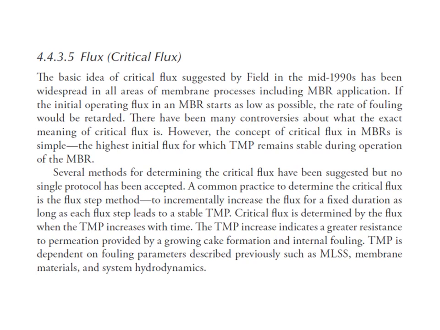There are several methods to determine critical flux, and the common practice is the flux step method, to incrementally increase the flux for a fixed duration as long as each flux step reaches a stable TMP.